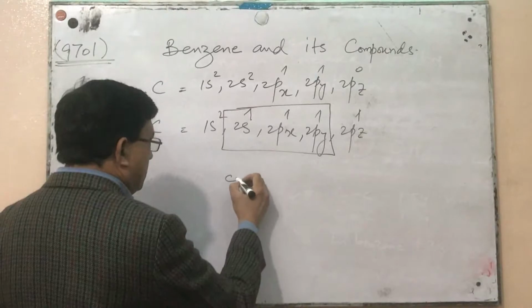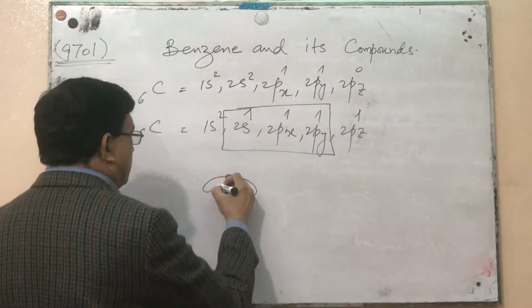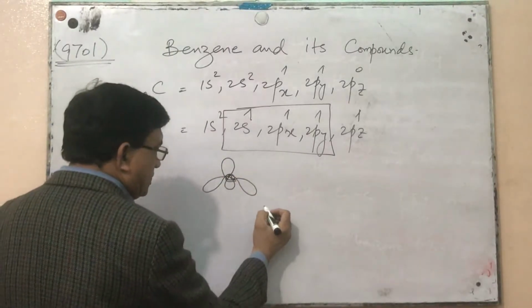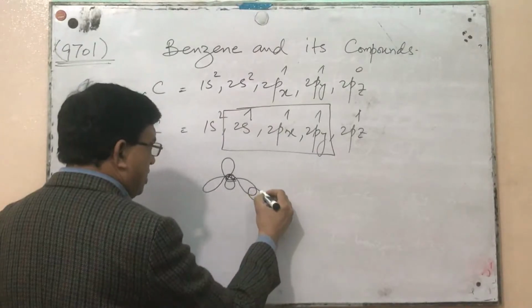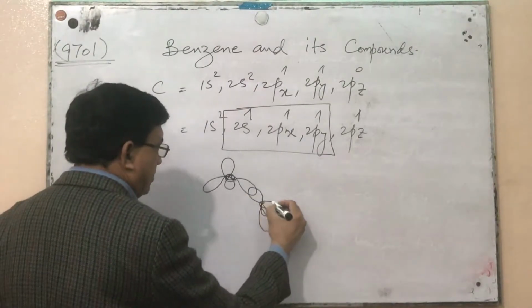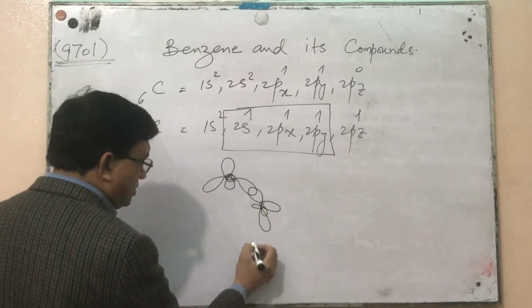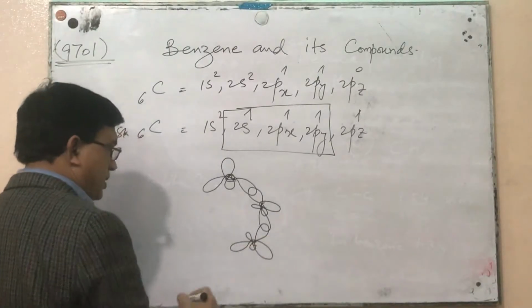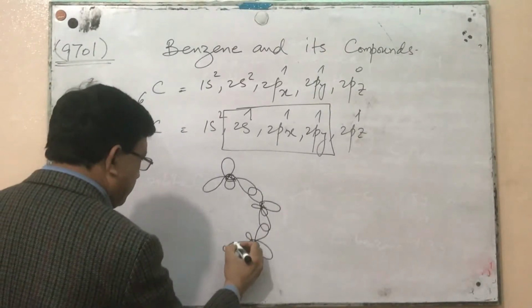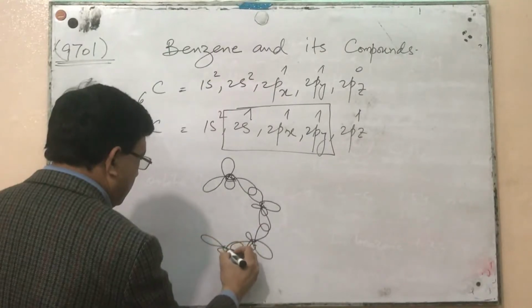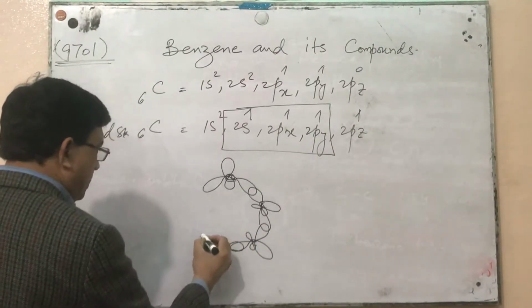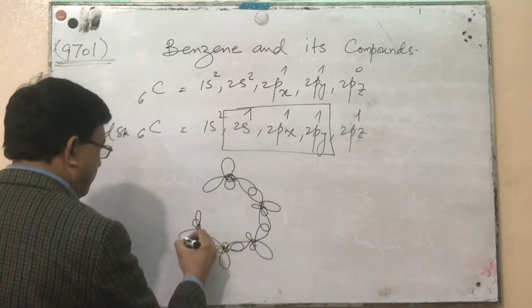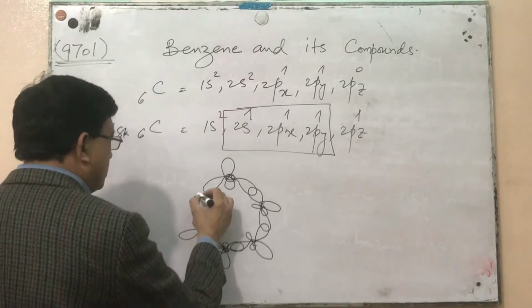These are the three sp2 orbitals on one carbon, then the next carbon, then the next carbon, and so on for all six carbons.